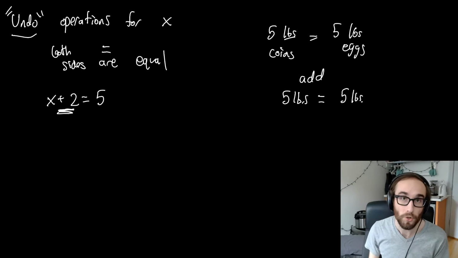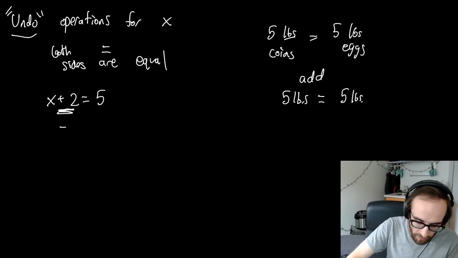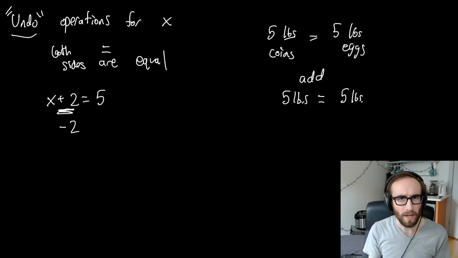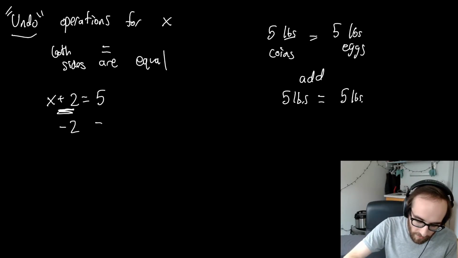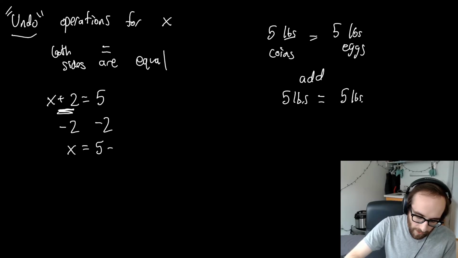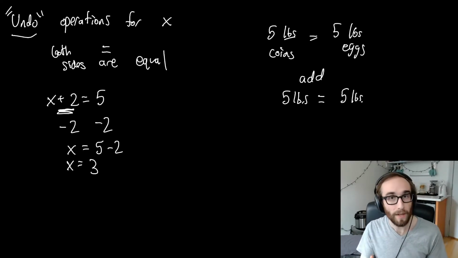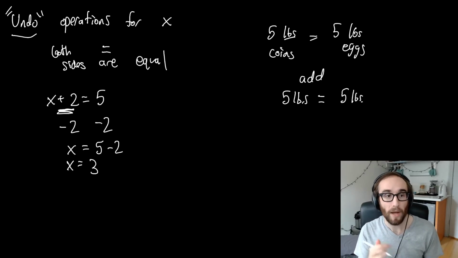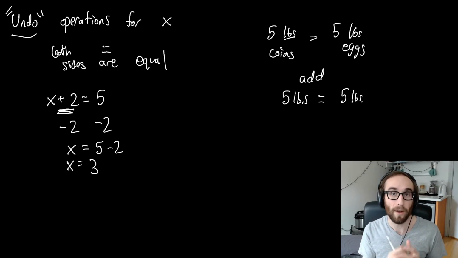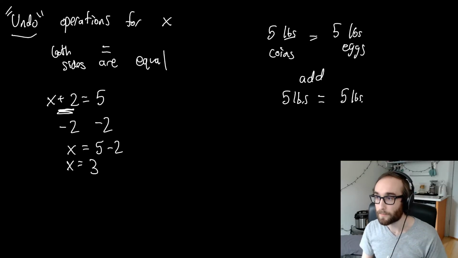So in order to undo this addition, we need to subtract 2. And because we're subtracting 2 from the left side, we need to subtract 2 from the right side also. So x equals 5 minus 2, and then x equals 3. So we ended up with the same answer, and we did that by undoing that addition that we had on the left side with x.